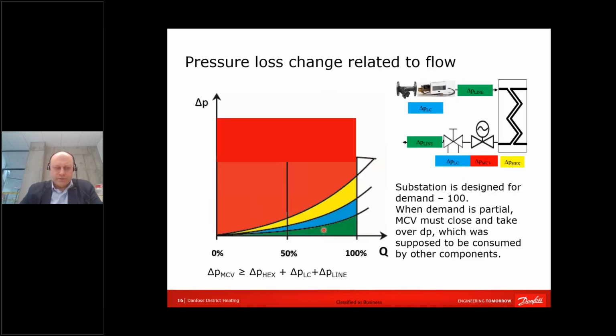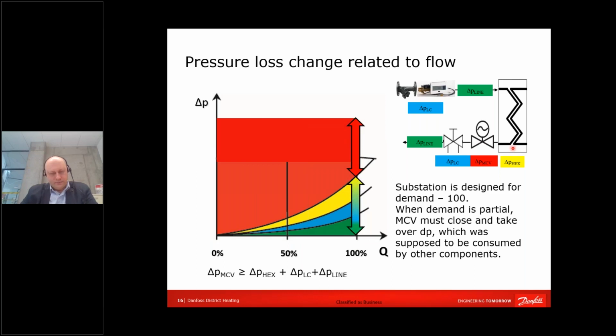So here I will illustrate with the situation in the station. What do we have in the stations? Yes, we do have some line components like strainers, energy meters, pipes, some balancing valves or something else, motorized control valve, heat exchanger.